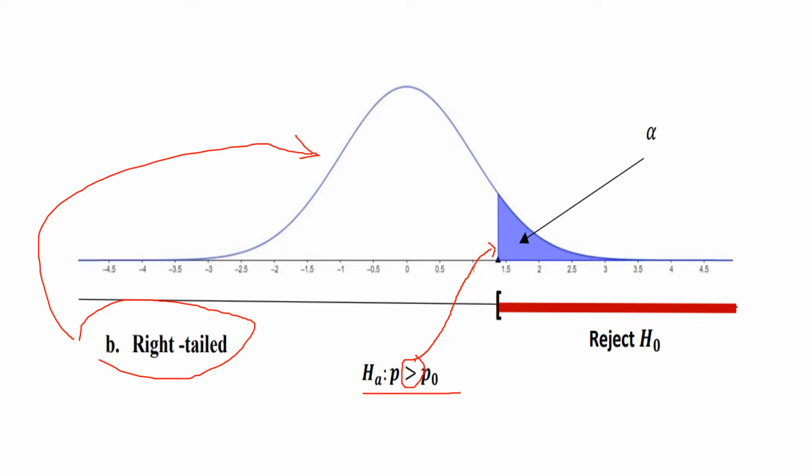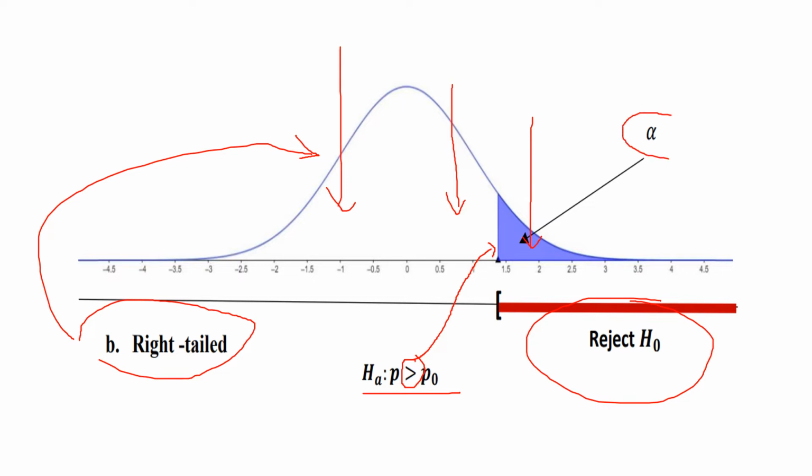That's why if your computed value falls somewhere here, then you're going to reject your null hypothesis. Same thing, if your value falls somewhere here, even in the negative part of your normal curve, under your non-shaded region, then you're going to accept your null and reject your alternative hypothesis.